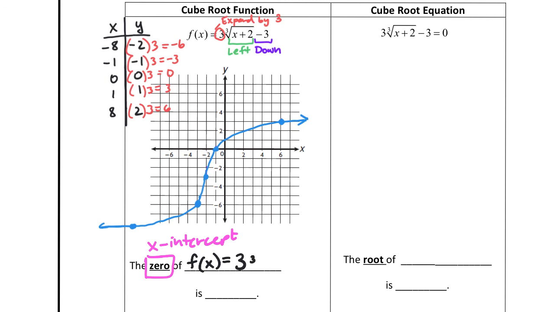So I'm going to copy the function, 3 times the cube root of x plus 2 minus 3. And where is the x-intercept? Where does this blue graph intersect the x-axis? Looks like it intersects right there at x equals -1.